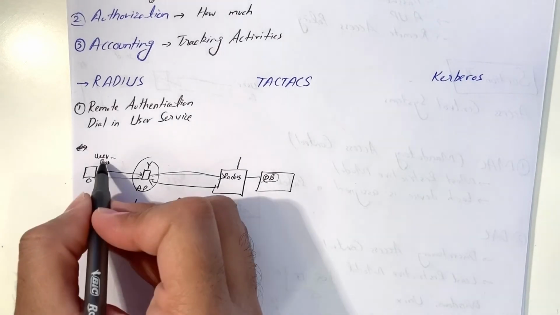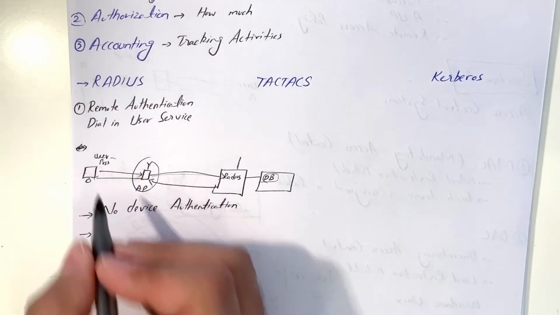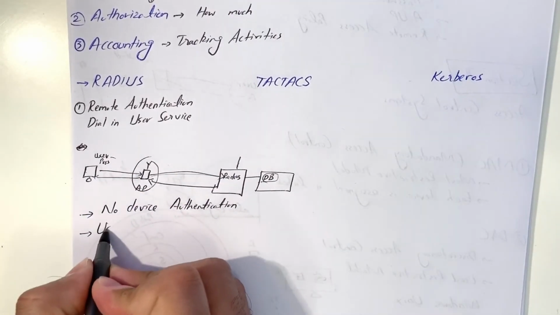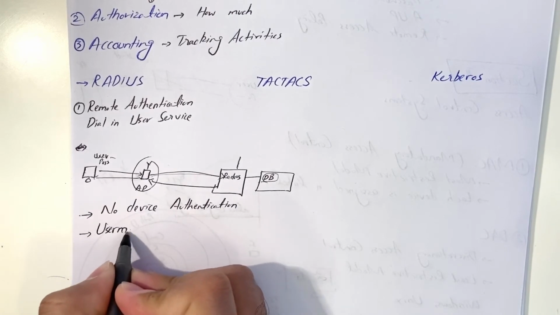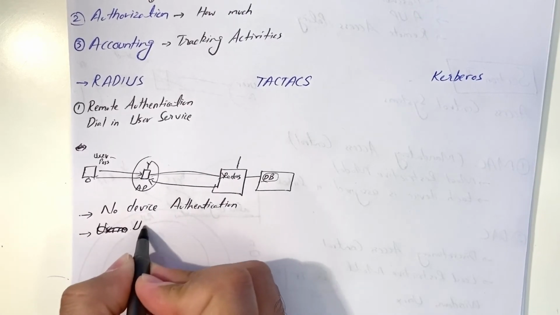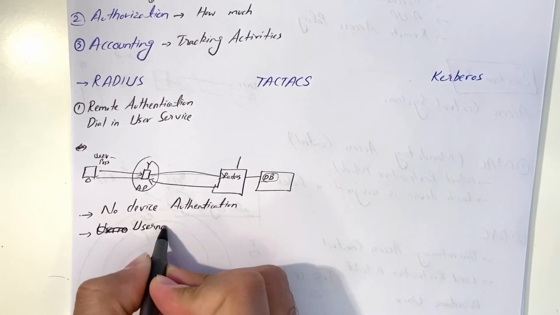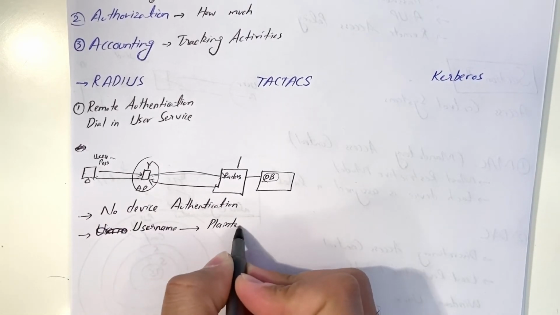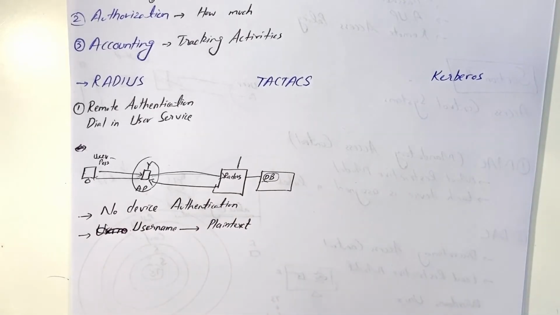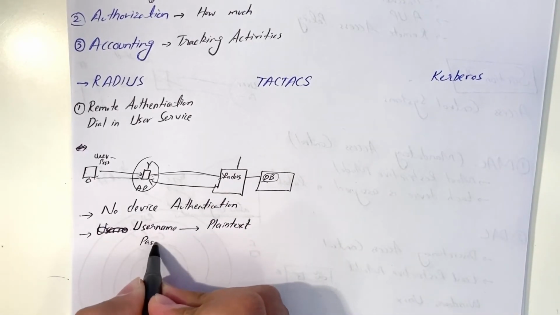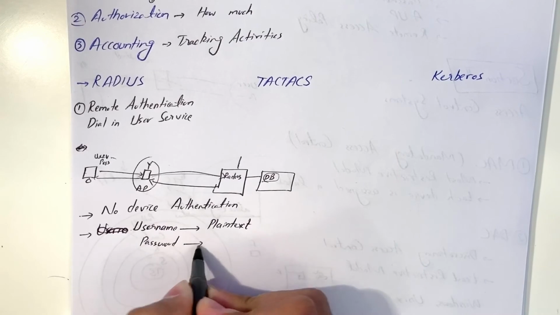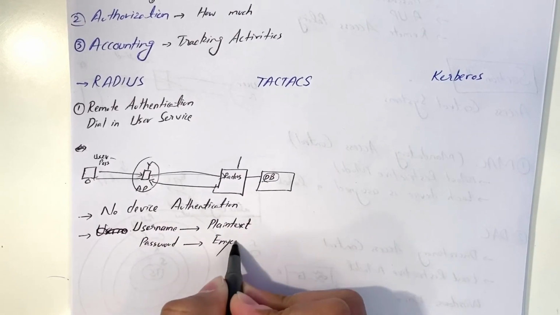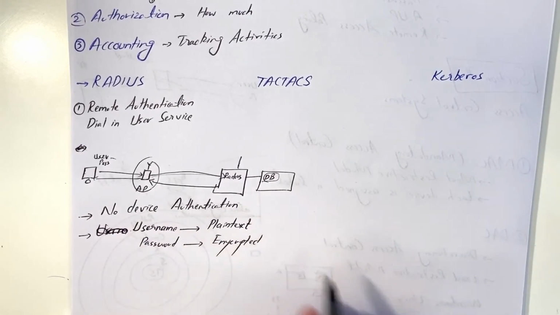Another thing is that only the password goes in encrypted form. The username goes in plain text, so if anybody sniffs that, they can see the username. Only the password goes in encrypted, hidden form.